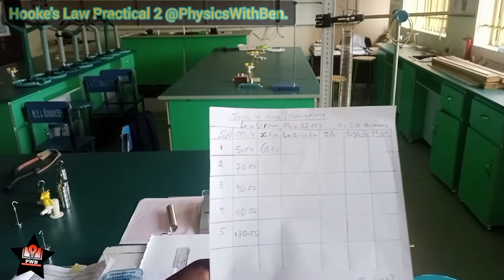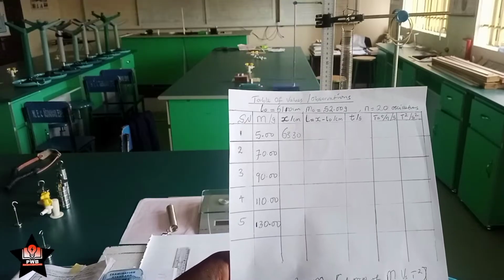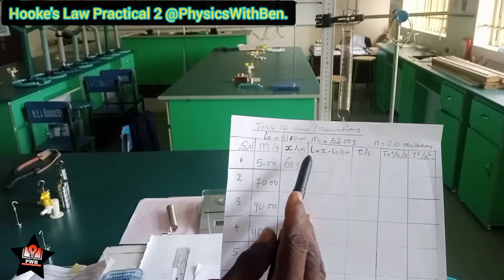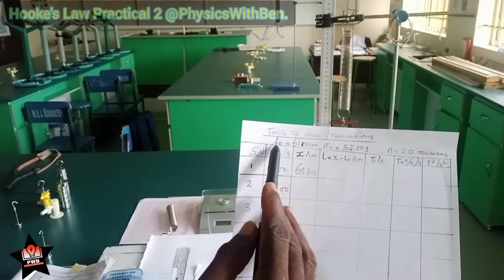You see that? So the L in this particular set of experiment becomes X minus L naught.